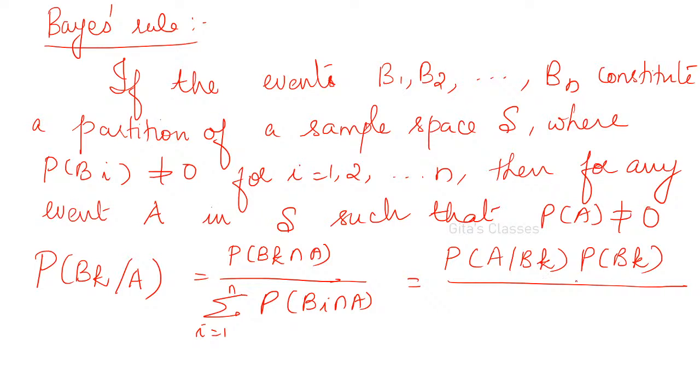Then in the denominator, again the same thing, sigma i varies from 1 to n P of A given Bi into P of Bi. Only Bk is one value, it may be 1, 2, or 3, only one. But in the denominator you have to write all: P of A given B1 into P of B1 plus P of A given B2 into P of B2 and so on. We have done a problem in this.